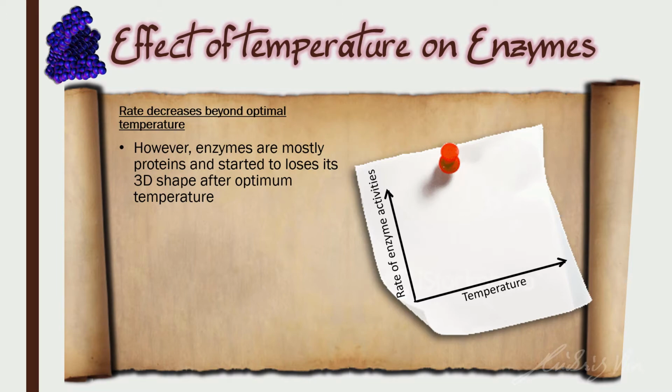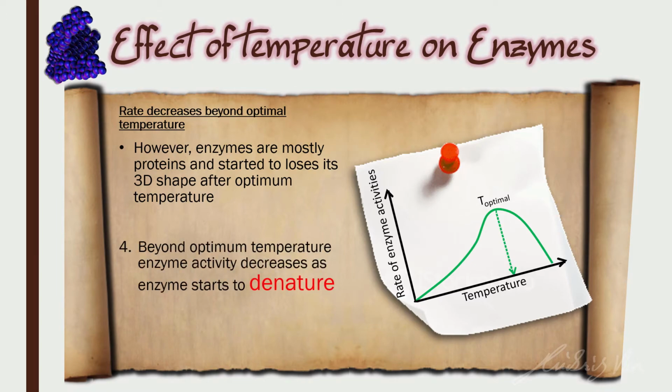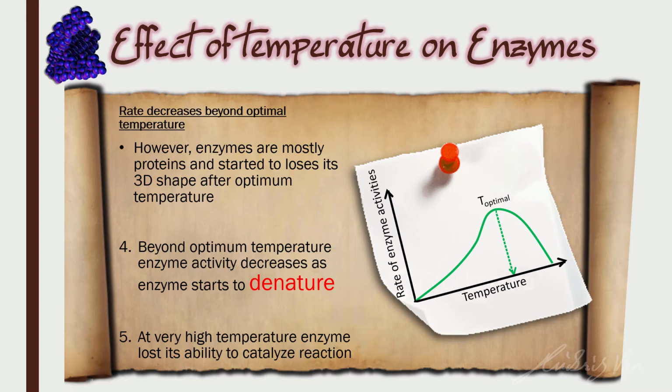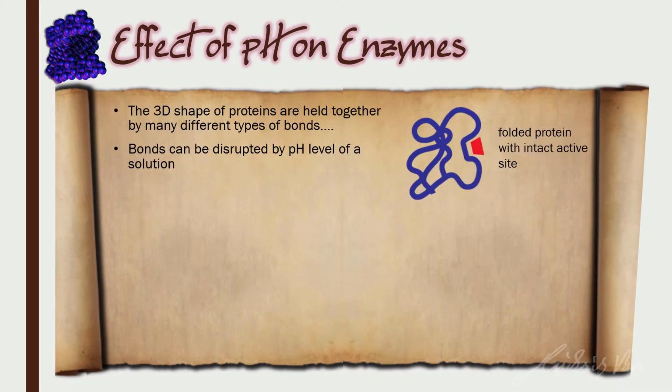However, as most enzymes are made up of protein, they will start to denature after the optimum temperature. Therefore, the rate of reaction will drastically decrease beyond the optimum temperature, as the enzyme starts to denature and lose its active site. At very high temperature, the enzyme will lose its ability to catalyze a reaction.